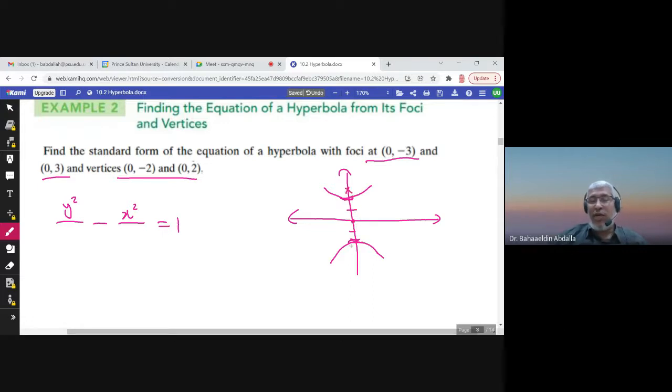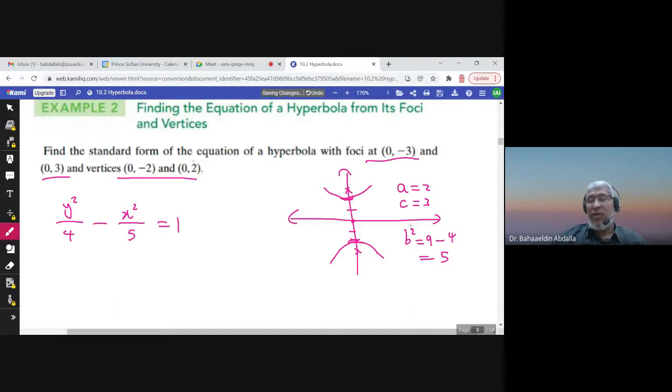Now the foci are here. The distance from the center to the vertex is a, so a is 2. And c is 3, because the distance from the center to the focus is c. b square would be c square, which is 9, minus a square, which is 4, so it would be 5. a square is always with the positive. So a is 2, a square is 4, b square is 5.